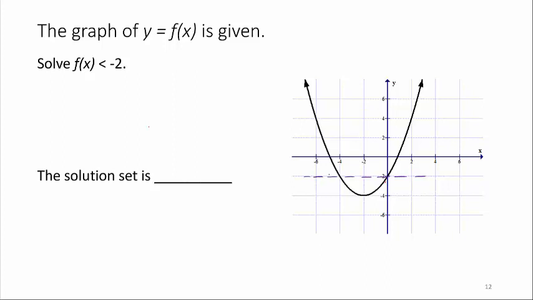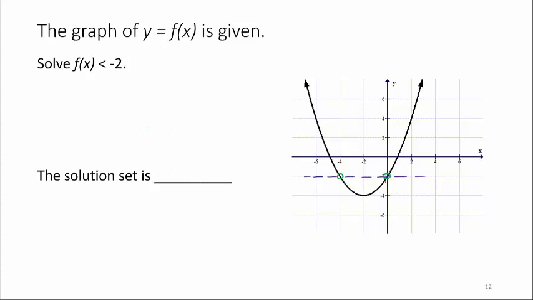With this statement, f of x less than negative 2, what it's really asking is, where is this function below that dotted line that I just drew, y equals negative 2? And what are the x values that make this statement true? Let's draw this right on the graph so it's real clear.